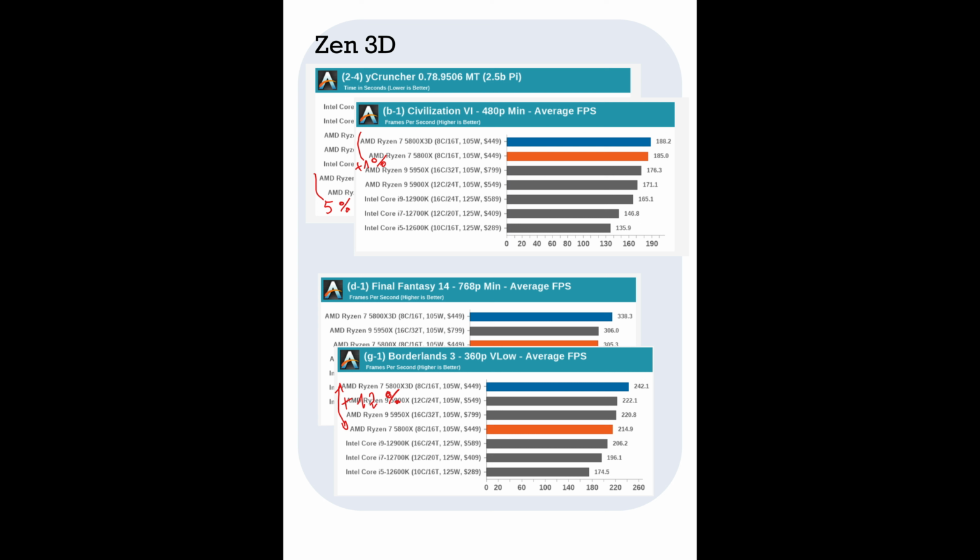But if you are more compute heavy, the more calculations you do, like a Civilization kind of benchmark or business applications, you will get at most a 5% speed up, but more likely even in games you'll get a 1% speed up.